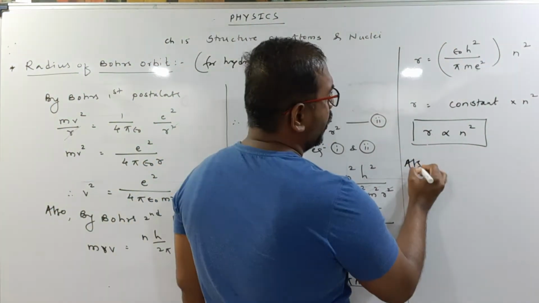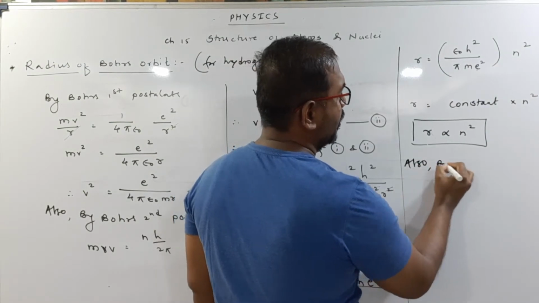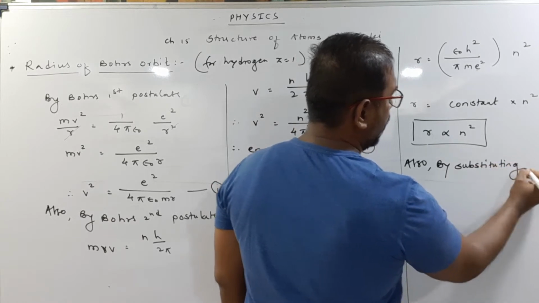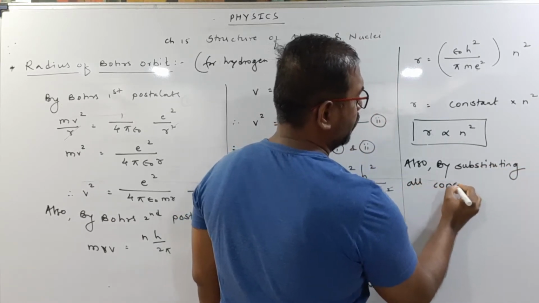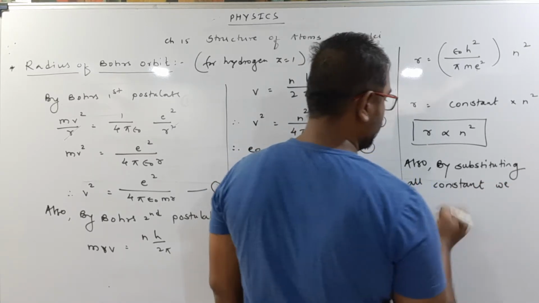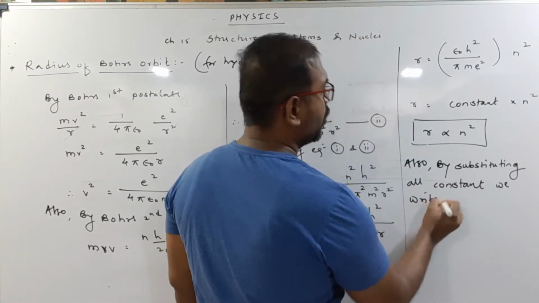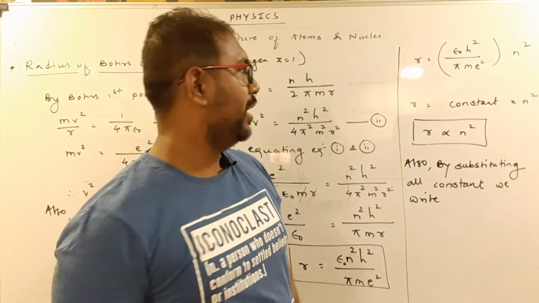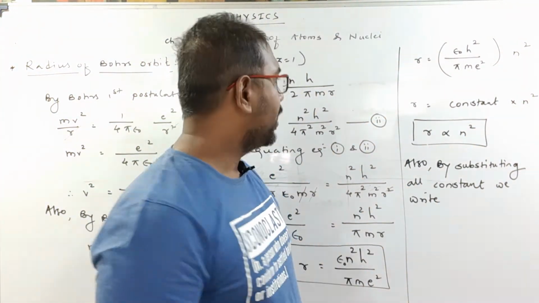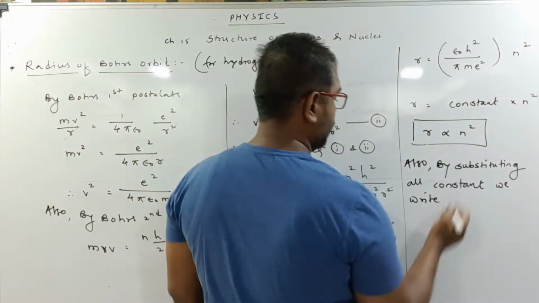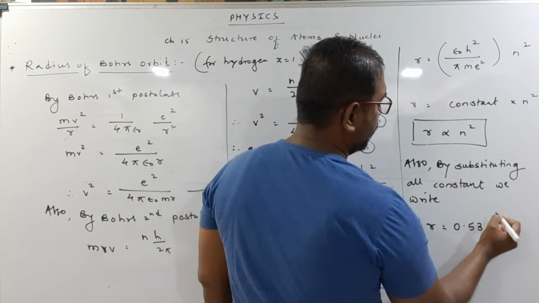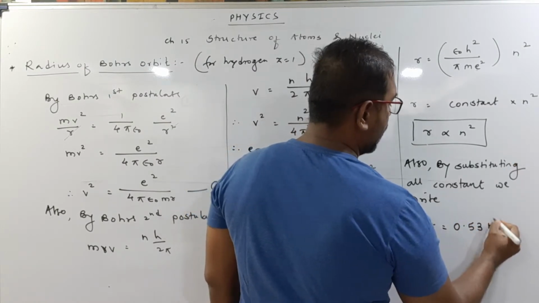Also, by substituting all constants, that is epsilon 0, h, pi, m, e square, everything, we can write r is equal to 0.53 into n square.